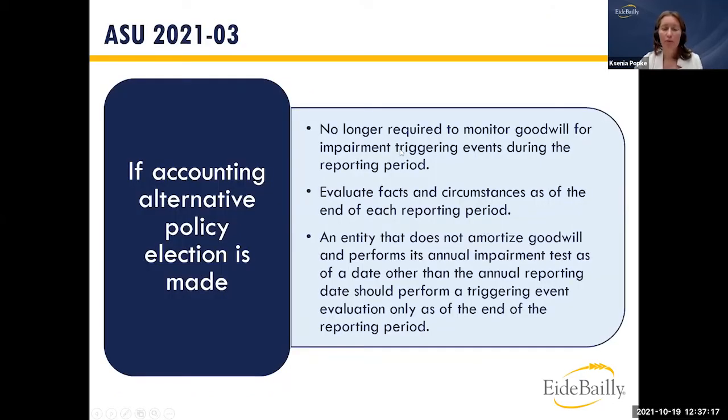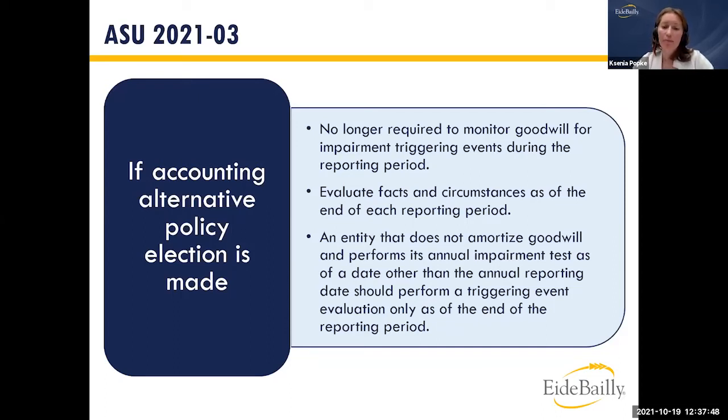So for just some bullet points on this particular standard, because it's so new and was recently issued, you're not required to monitor goodwill for impairment triggering events during the reporting period. I think this particular standard was issued quickly because of COVID, because the situation was changing so often and so rapidly. So the not-for-profits are now allowed to evaluate facts and circumstances as of the end of each reporting period.